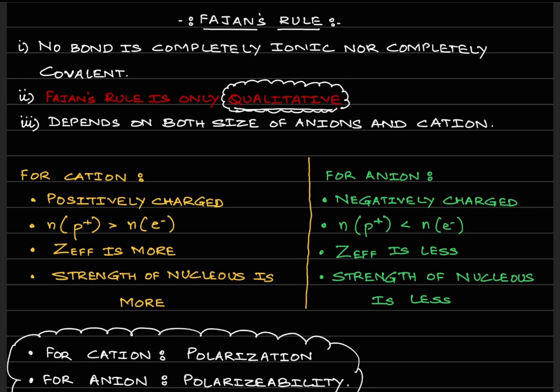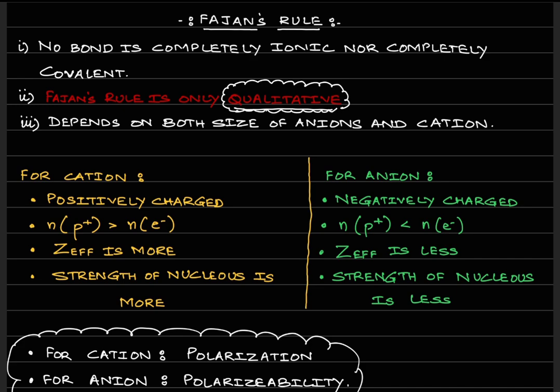This means that Fajans rule will definitely tell you where you have more covalent character and less covalent character, but it won't be able to quantify how much more and how much less. You won't be able to associate a value towards it, but definitely you would be able to tell who has more and who has less of a covalent character.